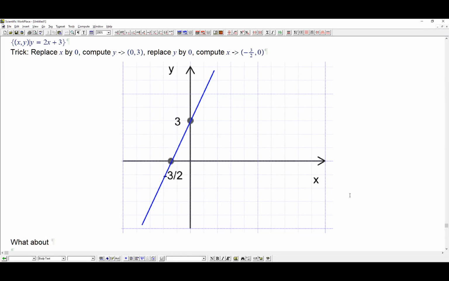Now, what about, let's just say, x equals y divided by 2 minus 3/2? So what would that look like?